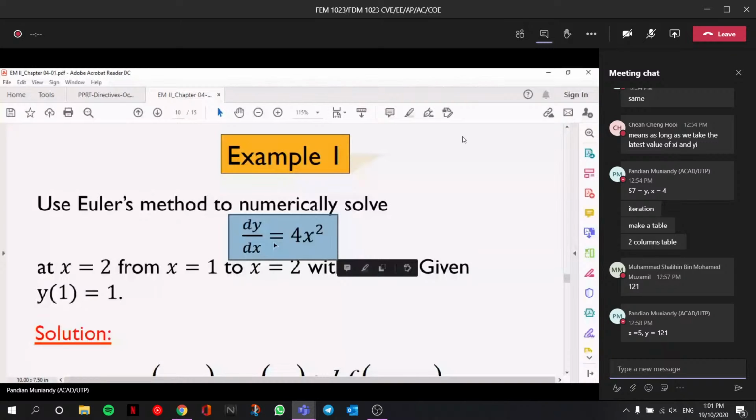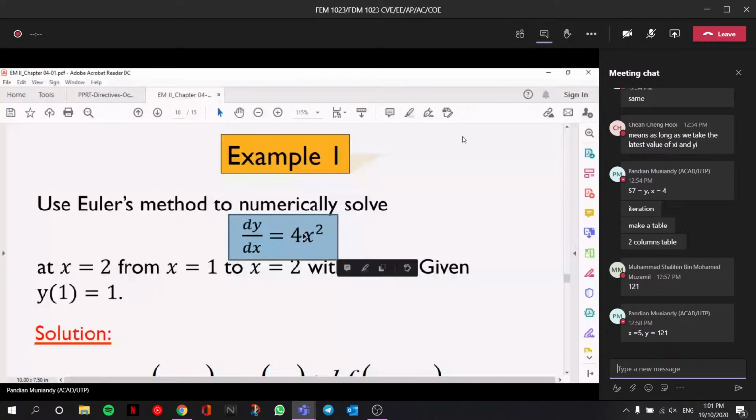If you have time, you can solve this analytically. dy/dx equals 4x squared is separable, which you already studied in chapter 1. What is new here is that we are introducing the Euler method. If you haven't studied it, of course, this is new to you.